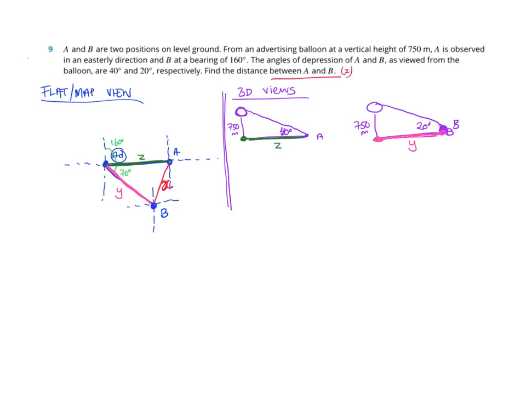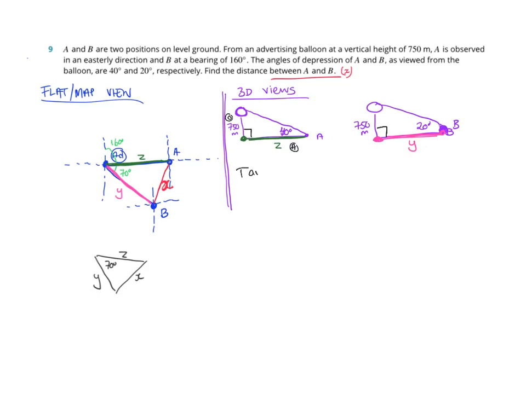Alright, so we just made our little triangle a little bit more simple. We've got Z, we've got Y, we've got that 70 degrees, and we've got X. So I need to get Z and Y to be able to use the cosine rule. So maybe I'm going to go over here and look what I can use. So I can set up tan again, because I've got opposite and adjacent.